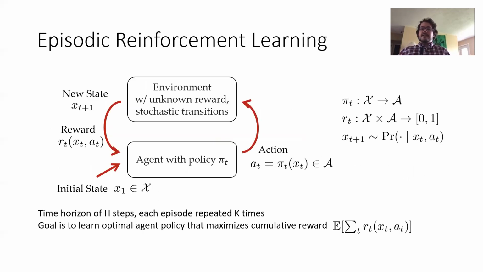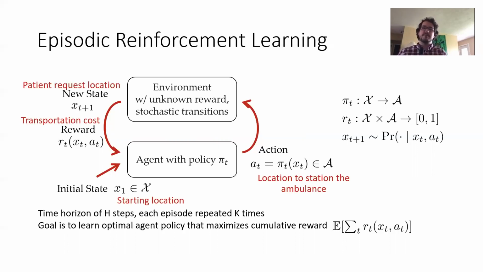Just to get us into the reinforcement learning setup, reinforcement learning is a general model where an agent is interacting with an environment that has unknown rewards and stochastic transitions. The agent is given an initial state and then picks an action, after which a new state and a reward are realized. Putting this into the perspective of the Las Vegas example, the initial state was the starting location for the ambulance.